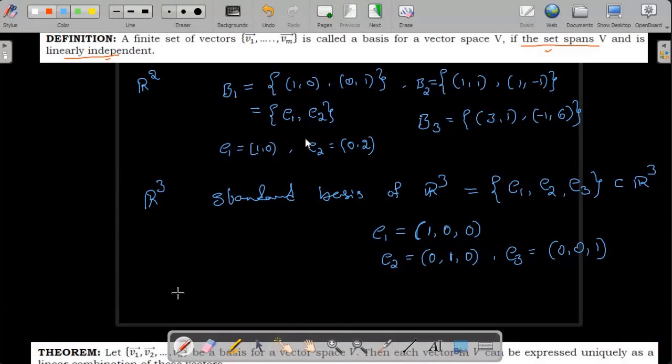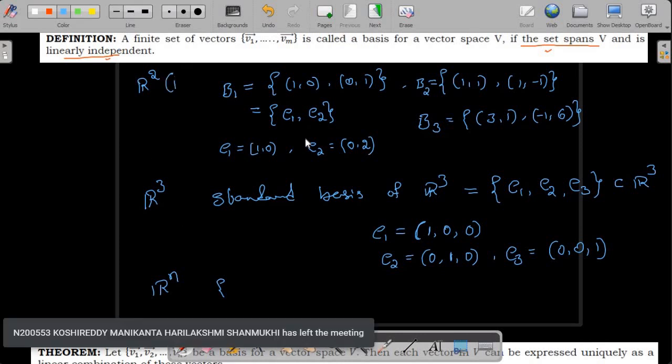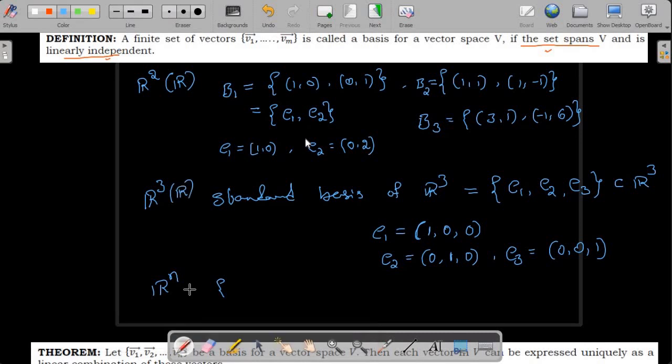Even if you take Rn, the standard basis of Rn is nothing but, remember one thing, these are all the basis over the field of real numbers. I'll tell you what is the importance of this field while writing the basis. Now if you take Rn over R, the standard basis set is E1, E2 and so on, En.